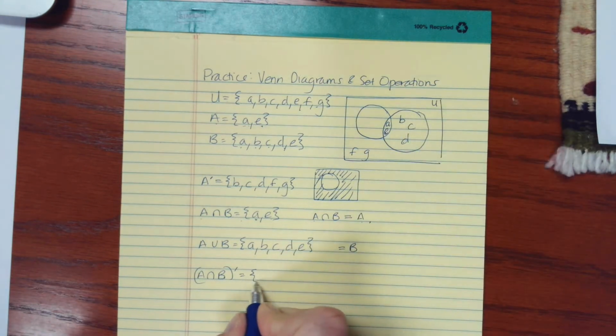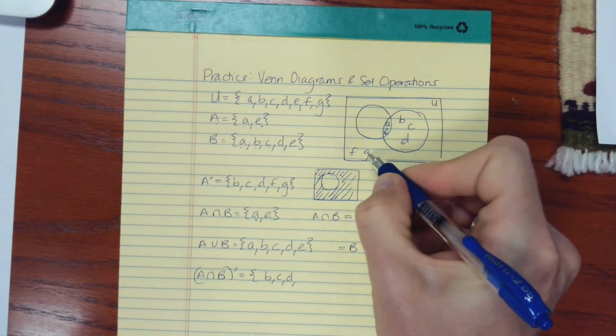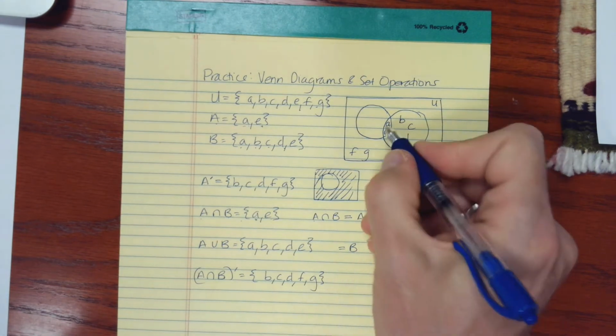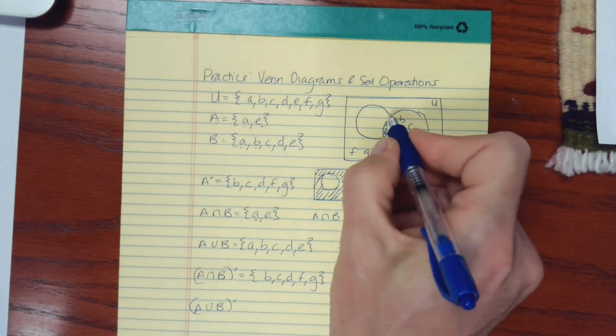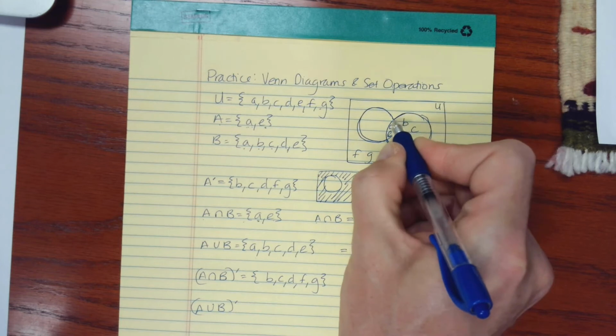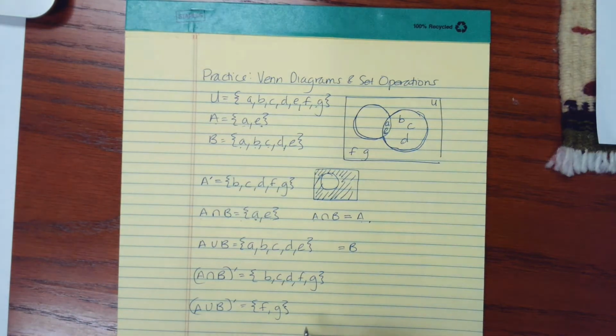Well, that includes B, C, and D, because those are not in the intersection, but it also includes F and G. So they're in the universe, but not in the intersection. And if I wanted to say A union B's complement, that's everything that's not in the union. So the union is this, again, that's like a snowman shape, and so that's just the things that are not in the union, but still in our universe, so that's F and G.